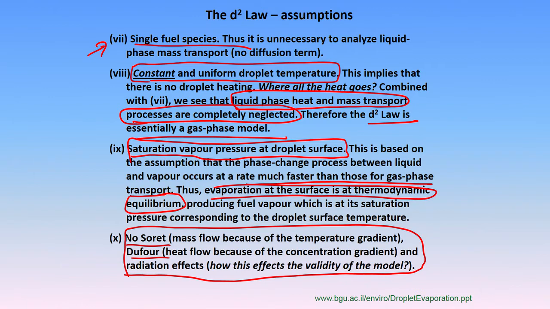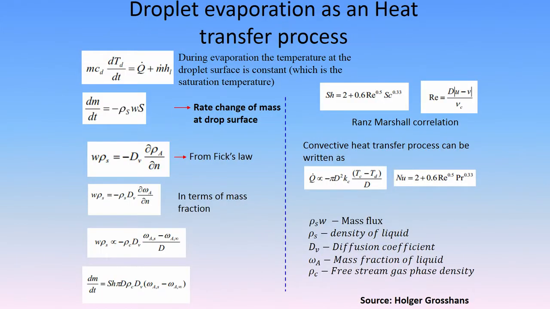So, Soret means that there is mass flow because of a temperature gradient, and Dufour means there is heat flow due to a concentration gradient, right. So, these effects are neglected at this particular point, and also if the droplet is not too hot, the radiation effects can also be neglected, though this is not always the case. Okay. It is a very situation dependent problem.